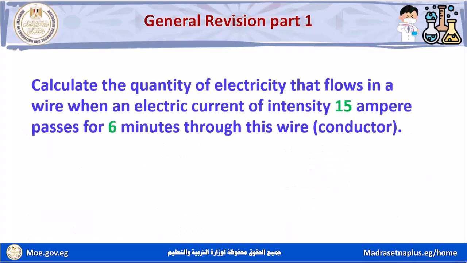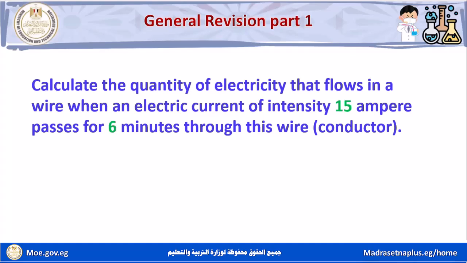Calculate the quantity of electricity that flows in a wire when an electric current of intensity 15 ampere passes for 6 minutes through this wire or conductor.